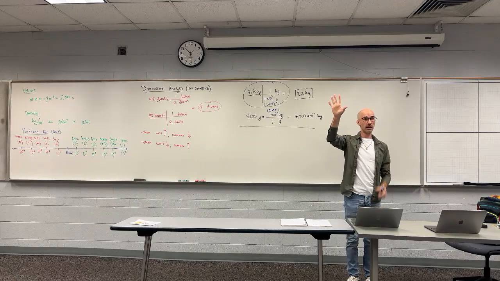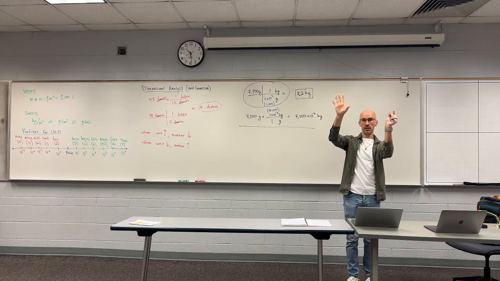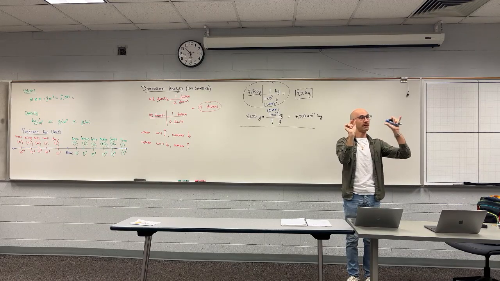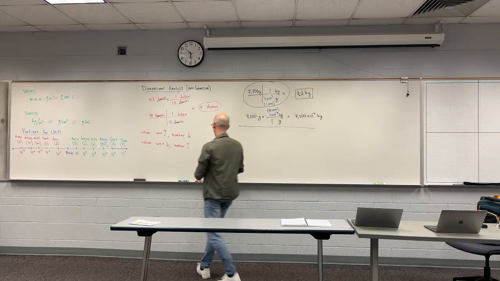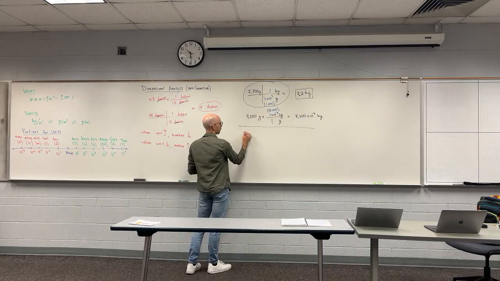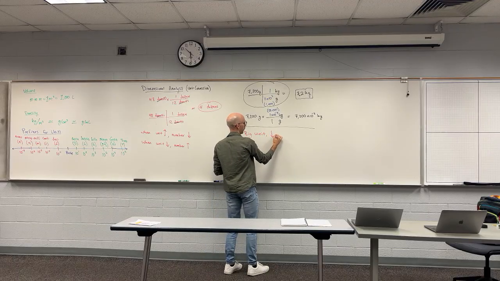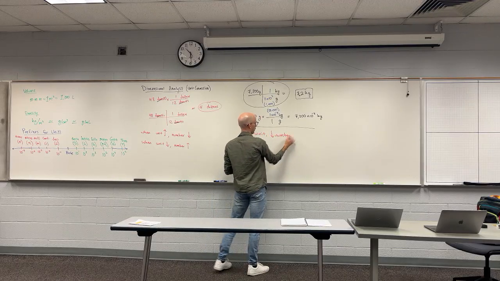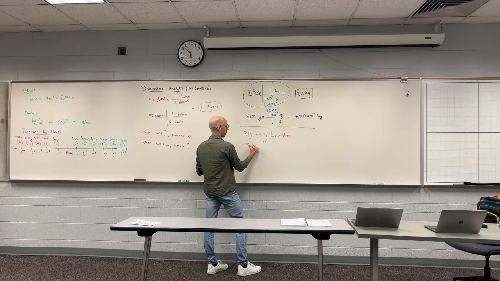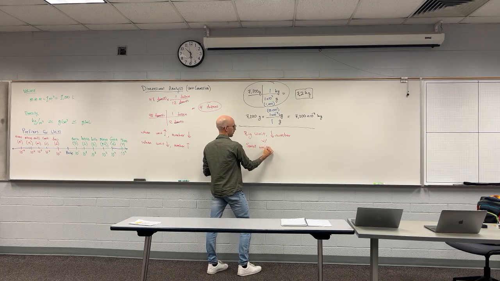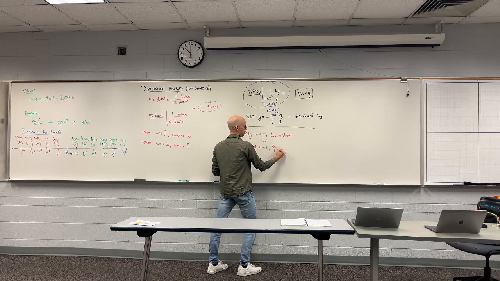Does your big unit have a small number? And does your small unit have a big number? That's the second tip here. Big unit, small number, with a small unit having a big number.